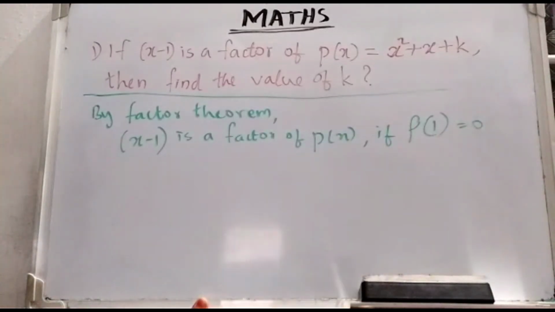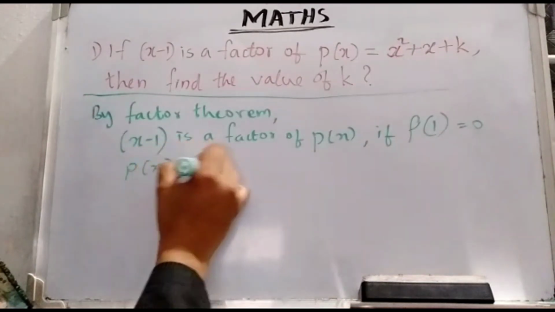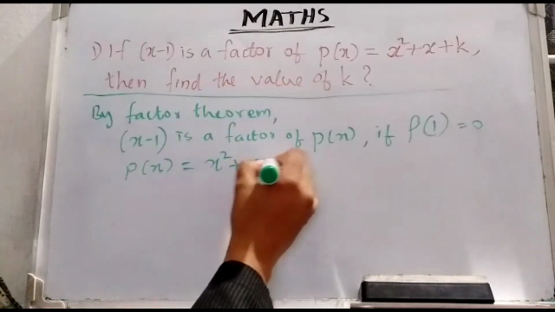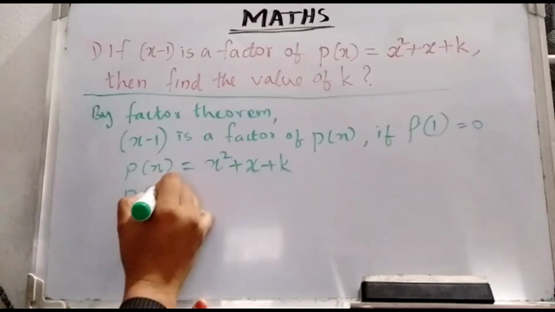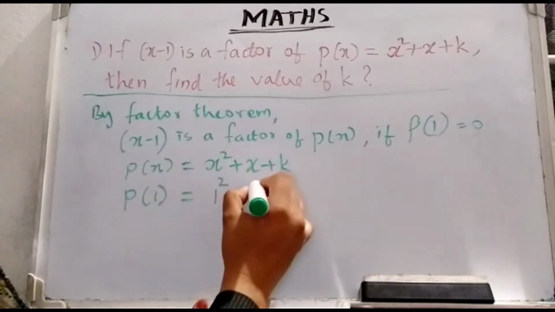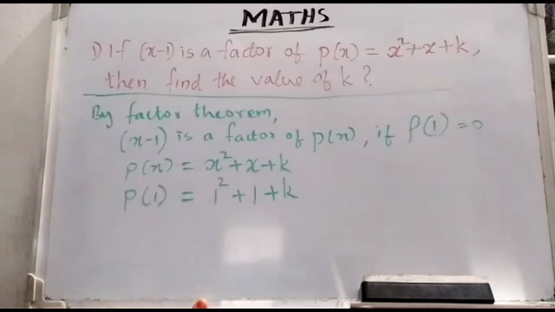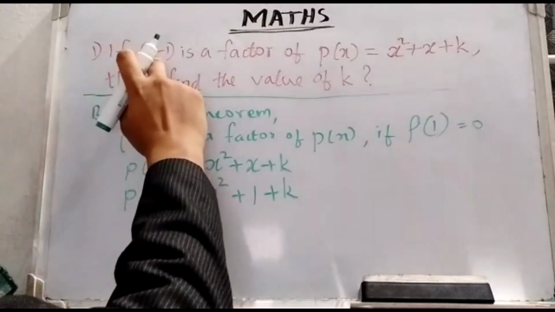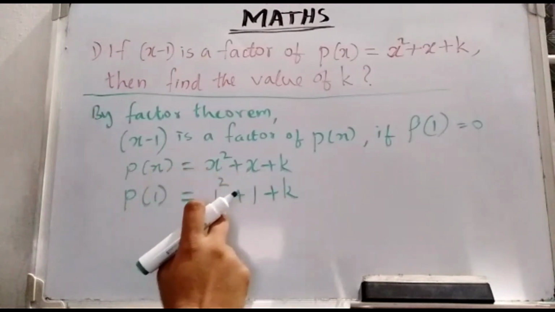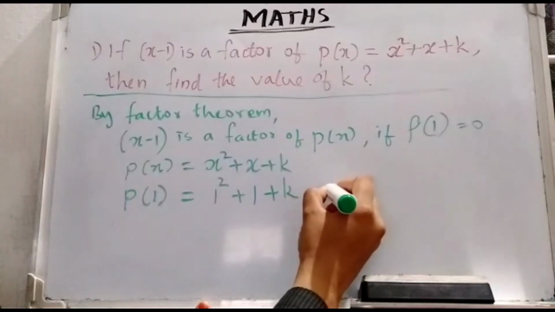Let's check P of 1 is equal to 0 or not. So, P of x is equal to what? Given that P of x is equal to x square plus x plus k. Then P of 1 is equal to 1 square plus 1 plus k. It is given that x minus 1 is a factor of P of x. So this P of 1 should be equal to 0.